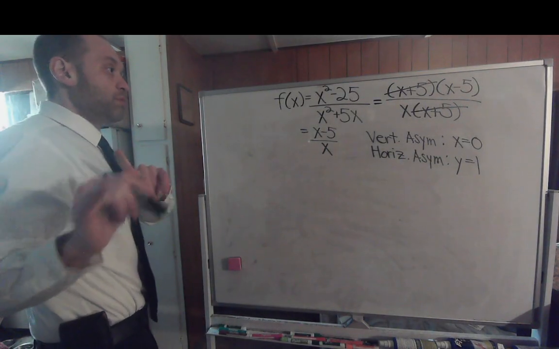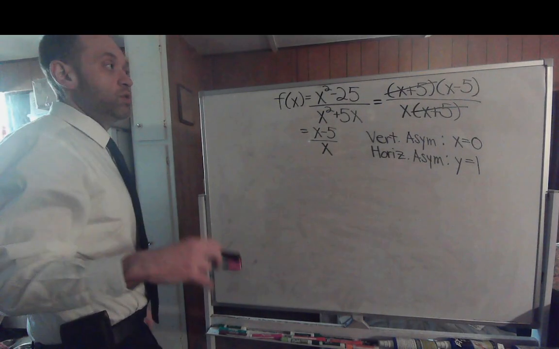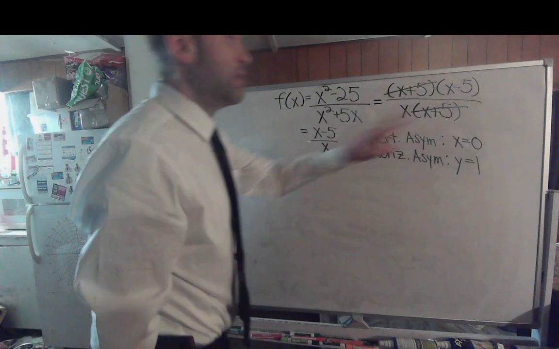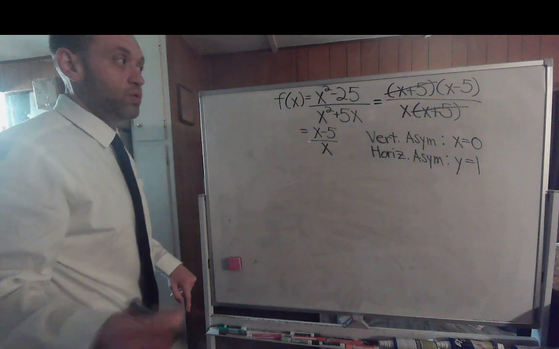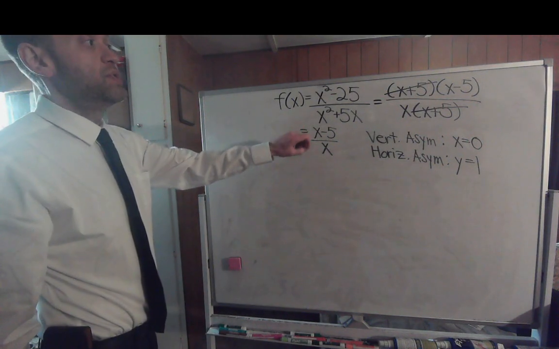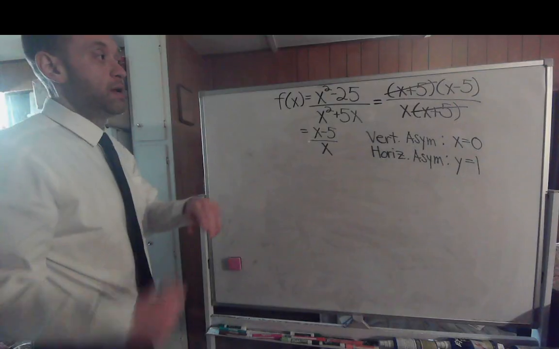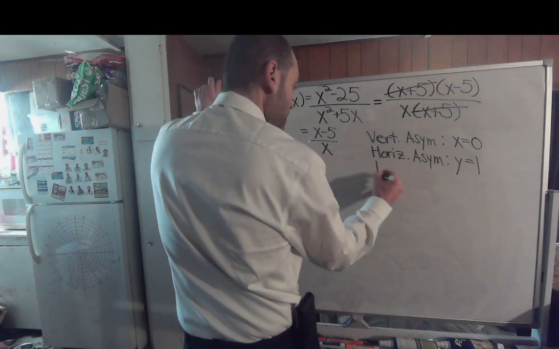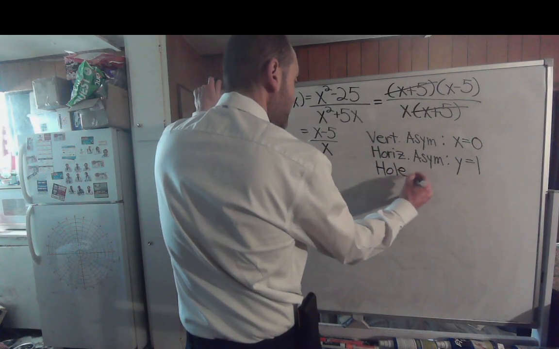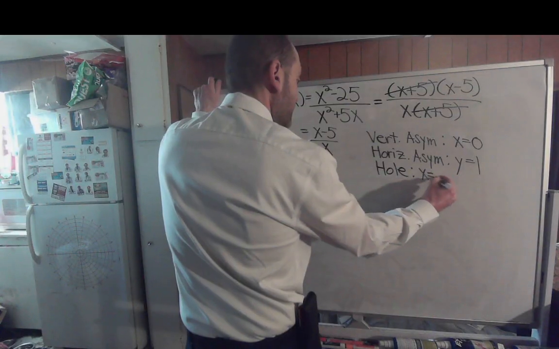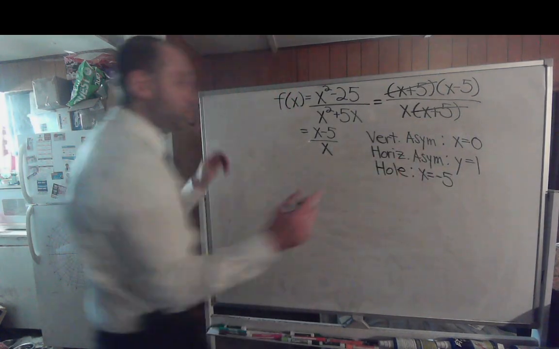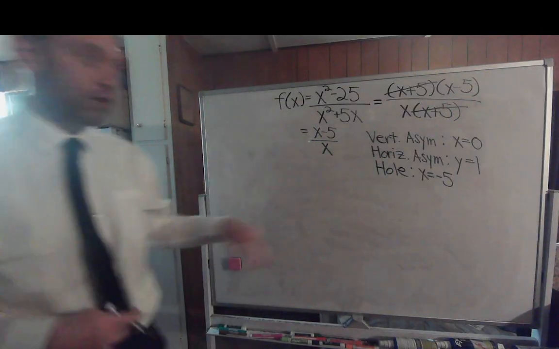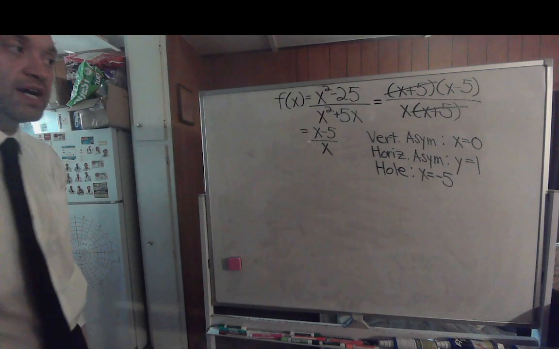But there's one more matter. We also have a hole. The x plus 5s may have canceled out, but there's still a hole there, because you have to defer to the original equation. So x plus 5 equals 0 would give you a hole at x equals -5. So x equals -5 is not a full-fledged asymptote. There's just a hole where x equals -5.